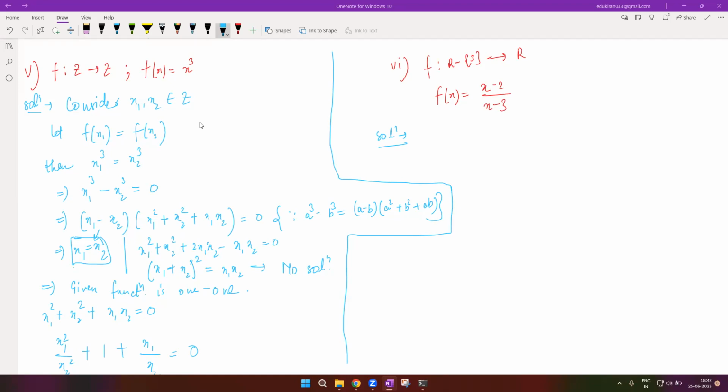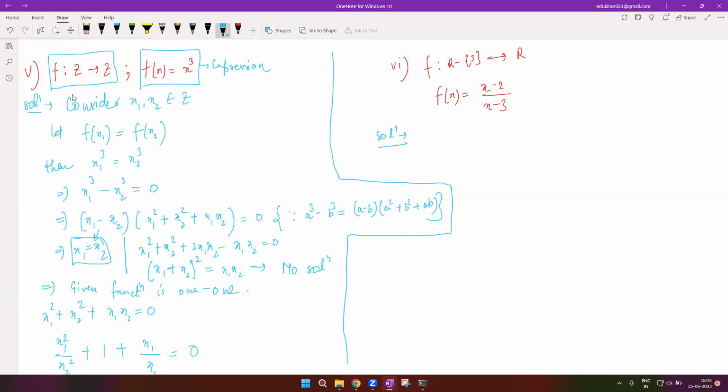Now we need to know what is the domain and codomain of the given function. So domain is this first set. A function is represented like this, and then we tell the expression of the function. The first thing tells us the name of the function, which is f. And second, this Z denotes the domain of the function.